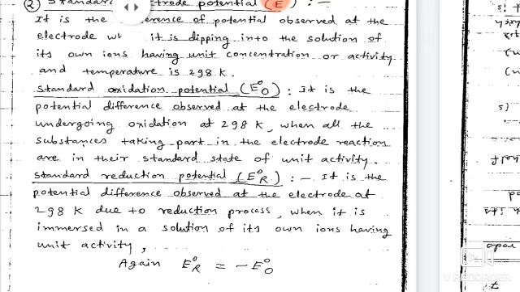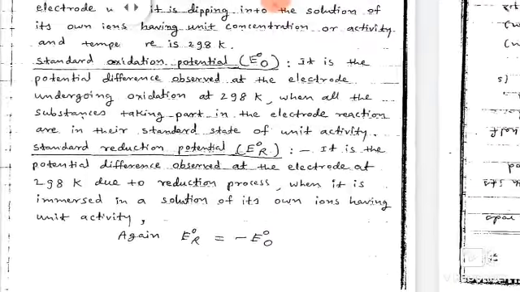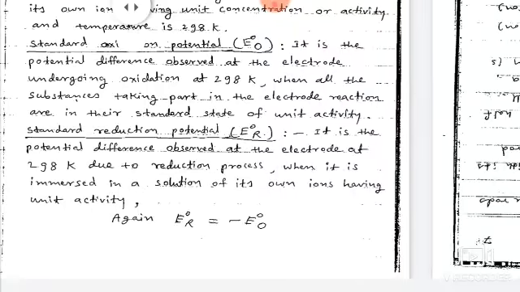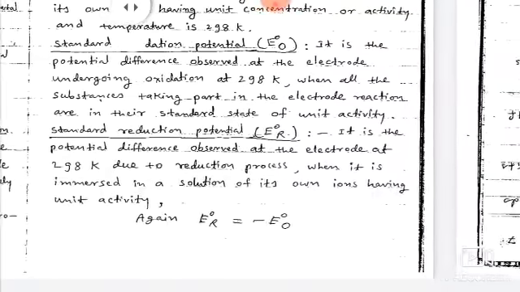It is the difference in the potential observed due to the electrode undergoing oxidation at 298 degree Kelvin when all the substances taking part in the electrode reaction are in the standard state, that is unit concentration or unit activity.